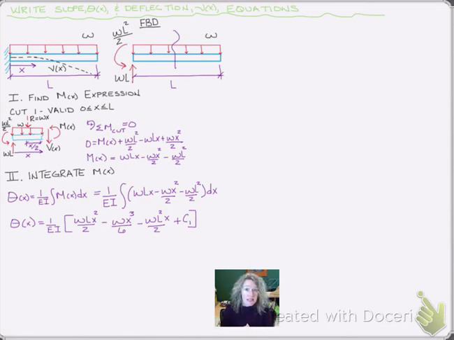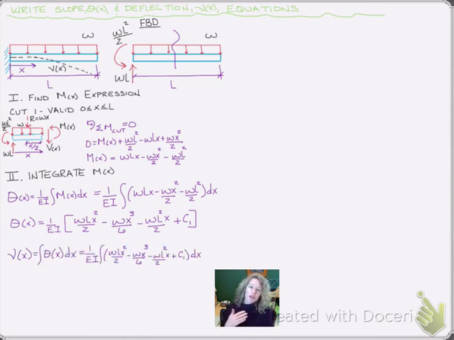If we want to get the displacement, the V of x equation, the equation of the elastic curve, then we just integrate the slope. So here is our slope or displacement expression, and it literally is just the integral of the slope.